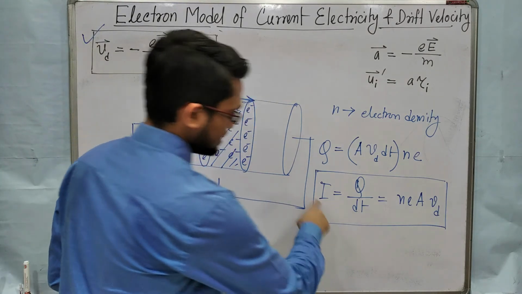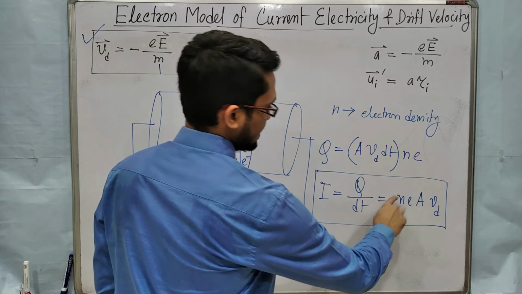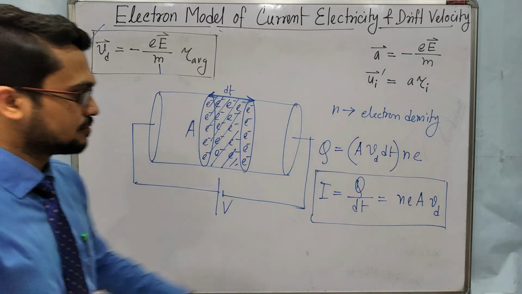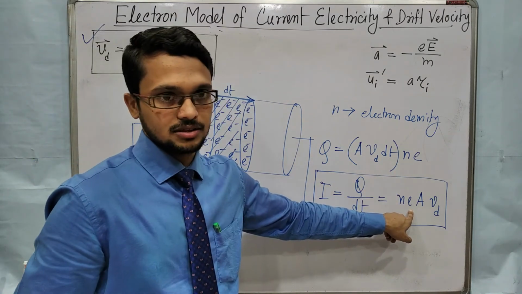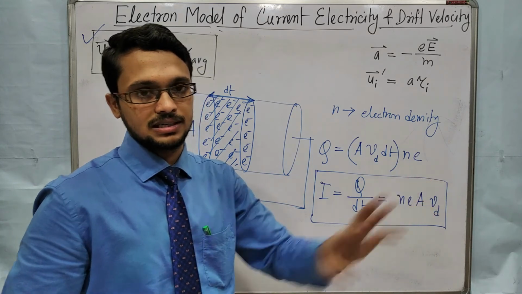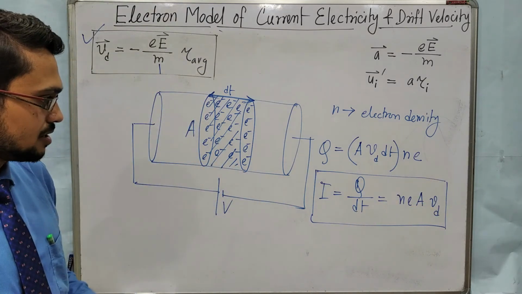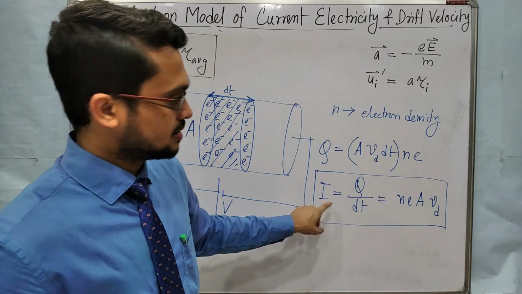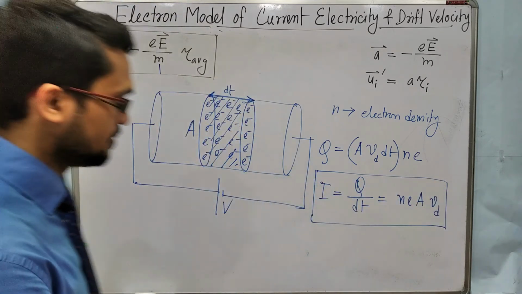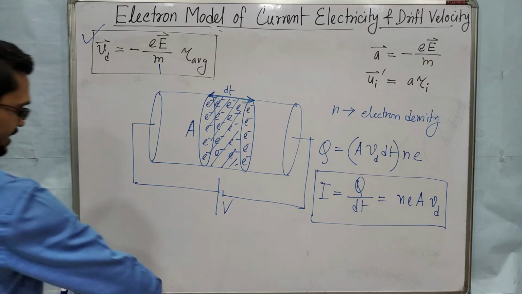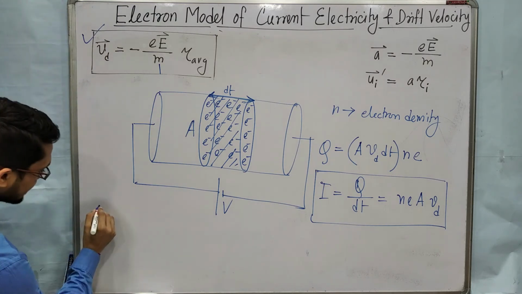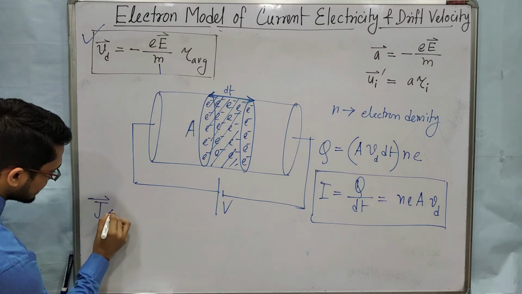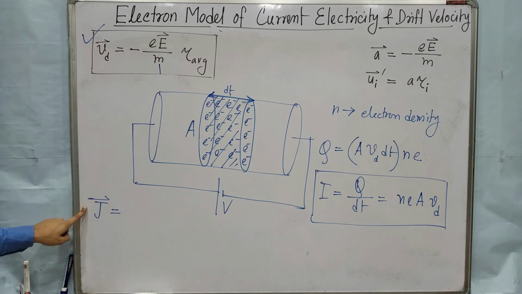Here current is a scalar quantity, so I am not giving any negative sign for the charge of electron. Charge of electron is minus 1.6 into 10 to the power minus 19 coulomb, but I am not putting the minus sign here because I is a scalar quantity. This represents only the magnitude. But if we calculate the current density J, this is a vector quantity.